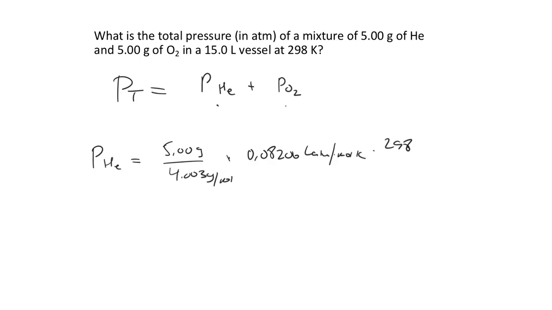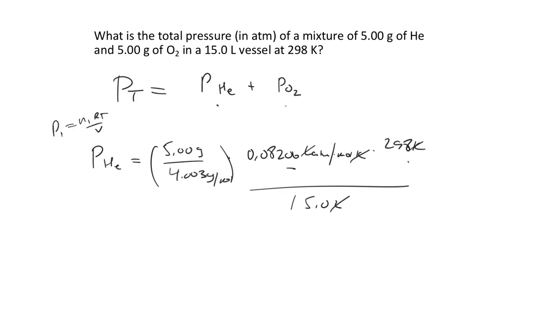At 298 Kelvin. And we're starting with the idea that P1 is equal to N1 RT over V. So the equation I'm plugging into is to take N1, so this is my N1, then times R times T, and then divide all this by the volume, 15.0 liters. Liters cancel, Kelvin cancels, grams cancel, per mole cancels.